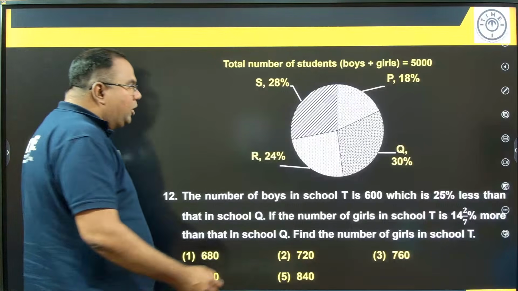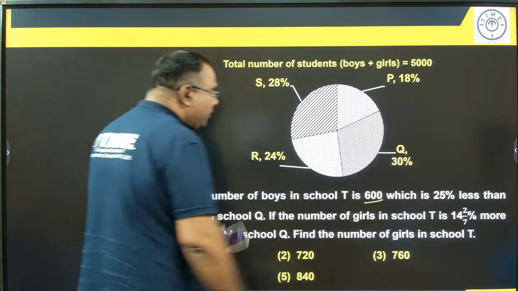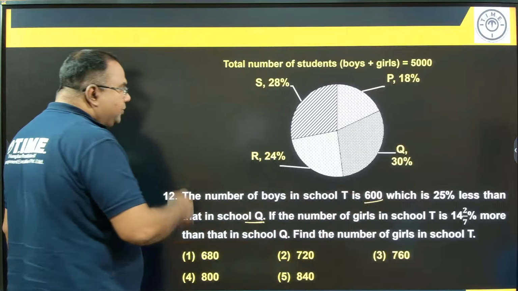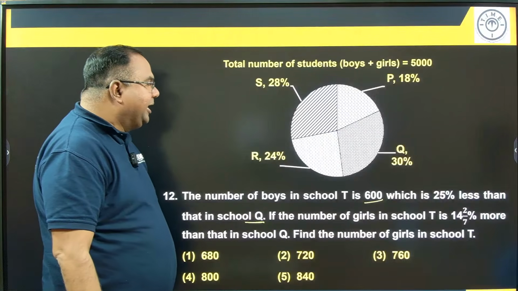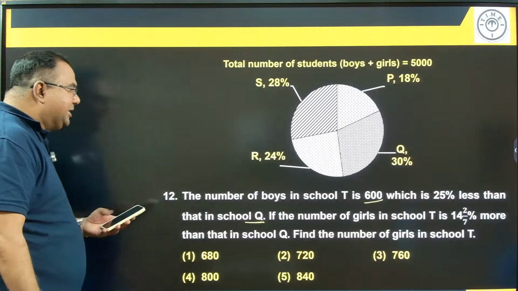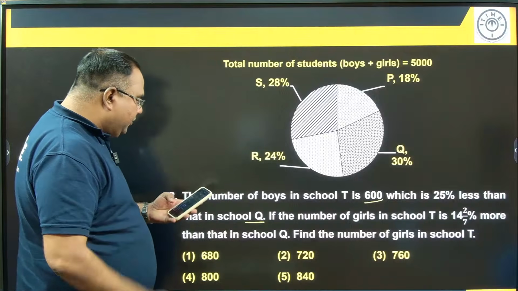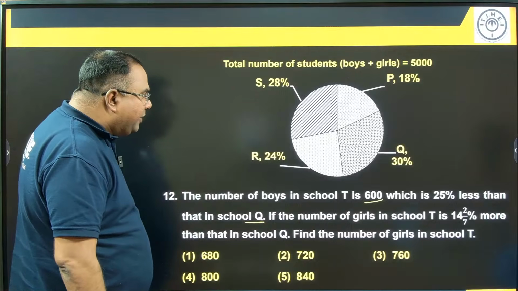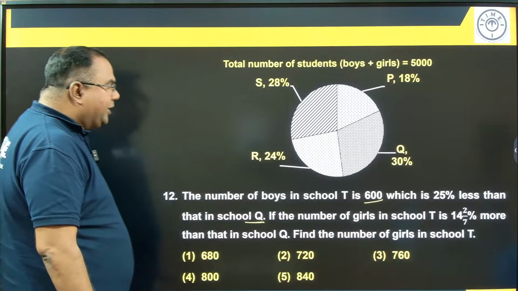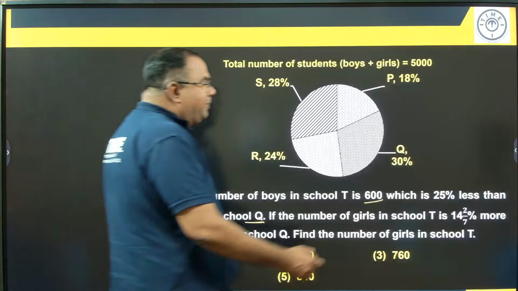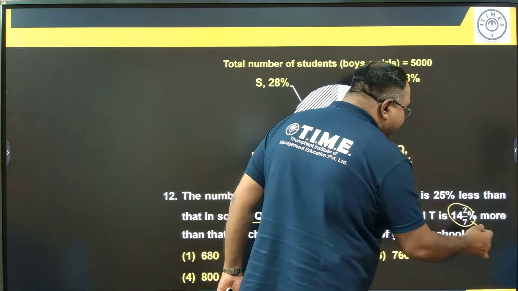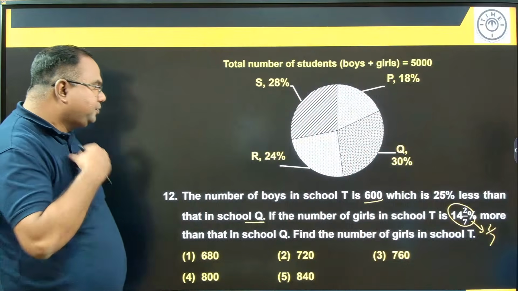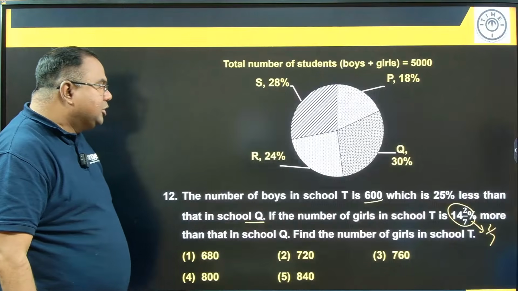The number of boys in school T is 600, which is 25% less than that in school Q. One second, it got switched off. If the number of girls in school T is 14.2/7% more, which is nothing but 1/7, than that in school Q, find the number of girls in school T.